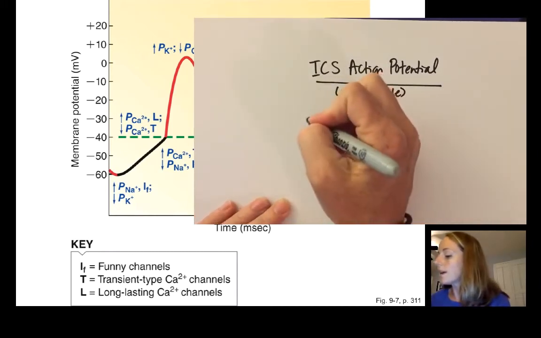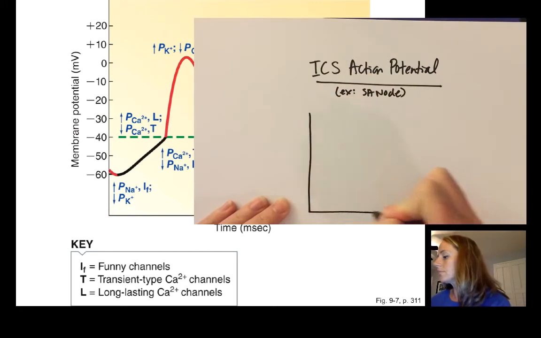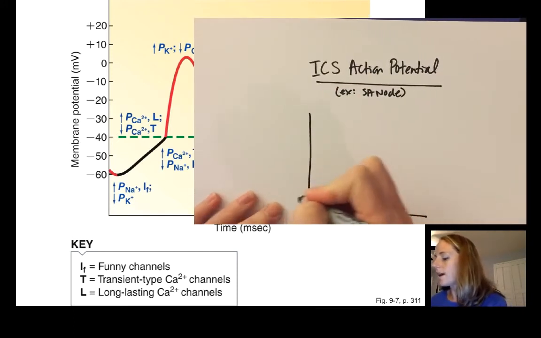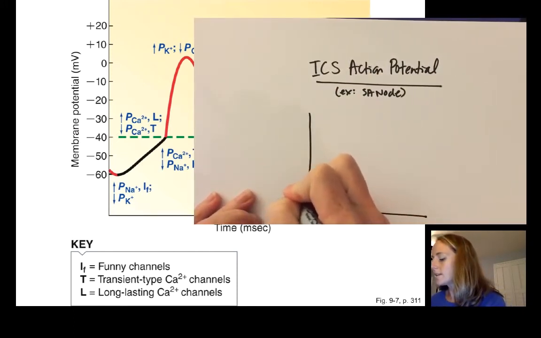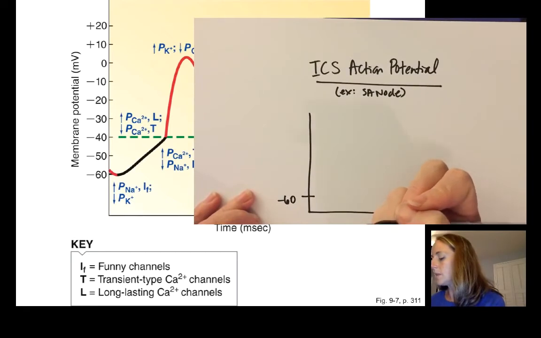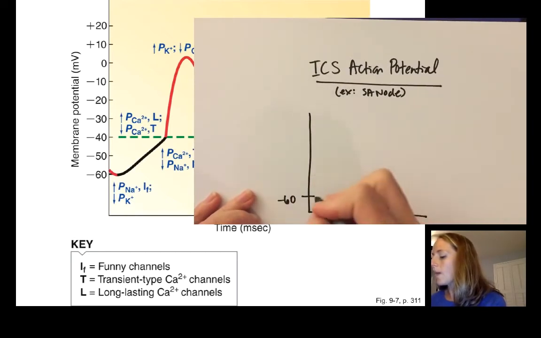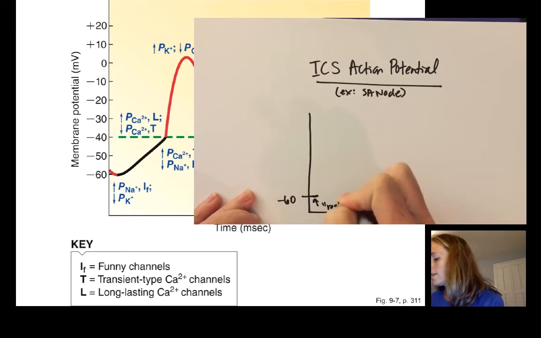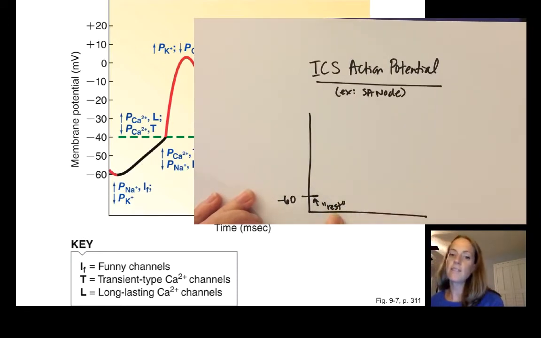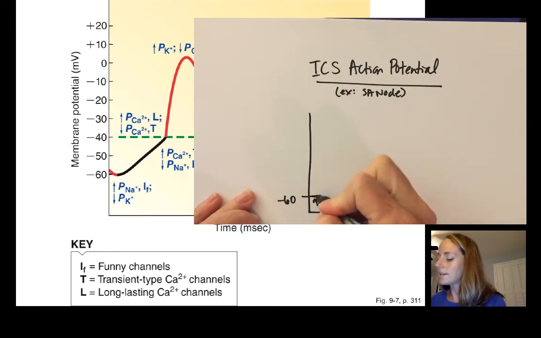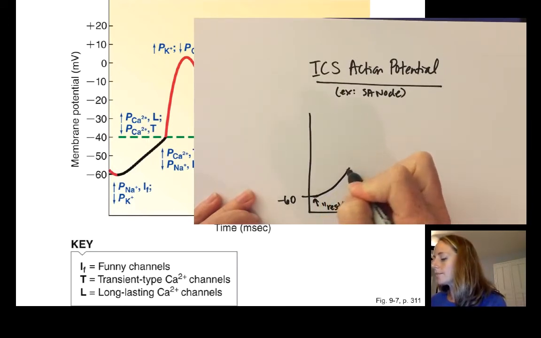So what's going to happen is you're going to have a negative 60 minimum, at which the cell will never stay. So this is going to be a rest, but the cell never stays at rest. Okay? Once the cell hits minus 60, it's going to begin to depolarize.